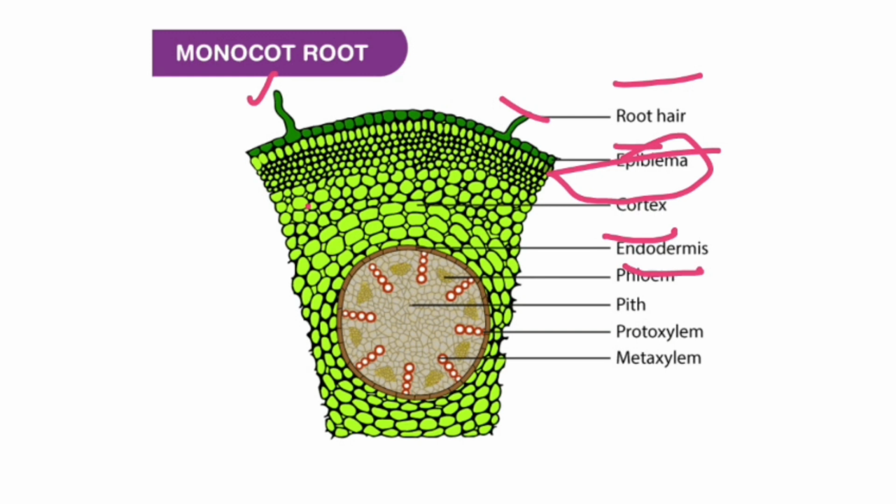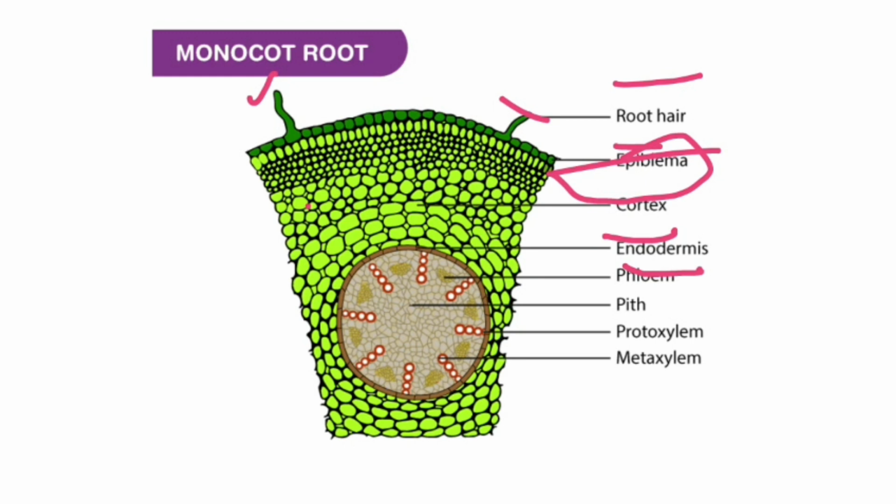But there are some unthickened cells present opposite to the protoxylem, and these cells are known as passage cells, which serve for the conduction of fluid. The function of endodermis is to regulate the flow both inward as well as outward.